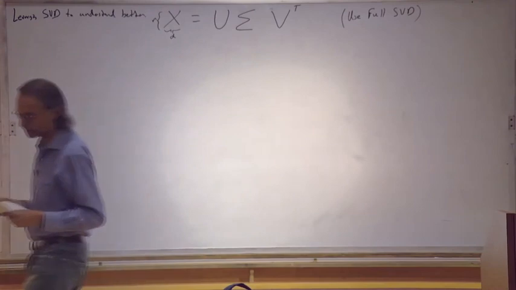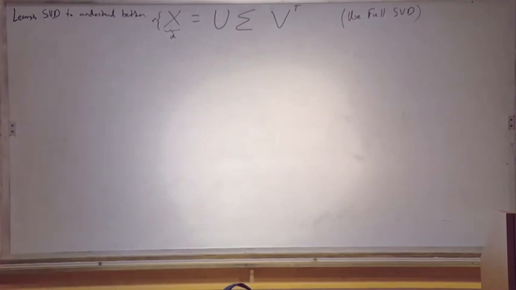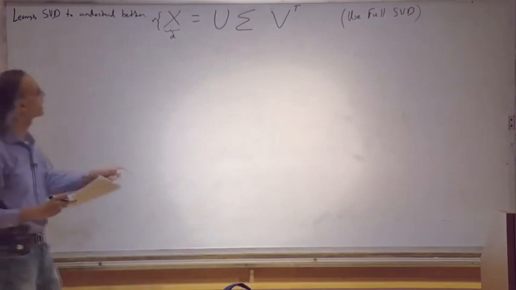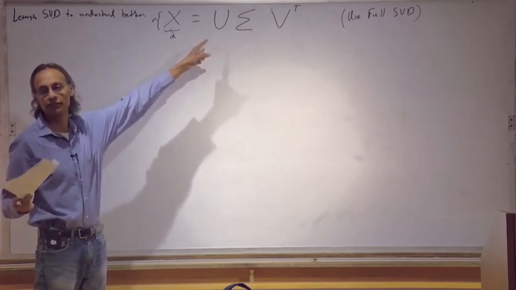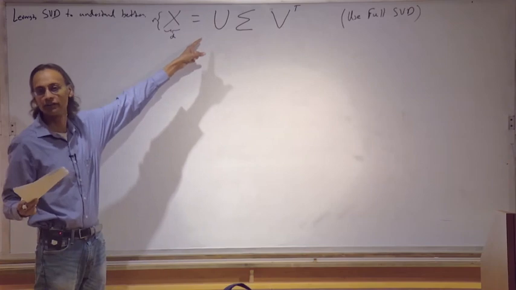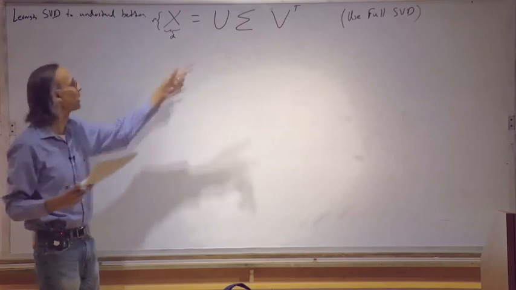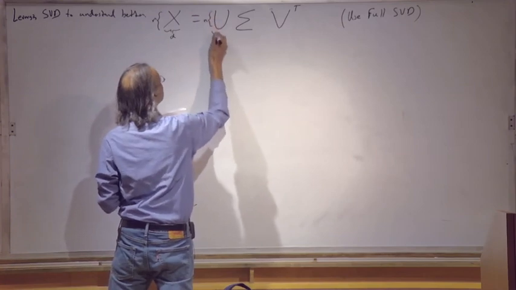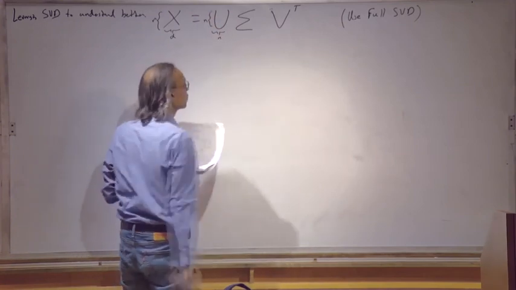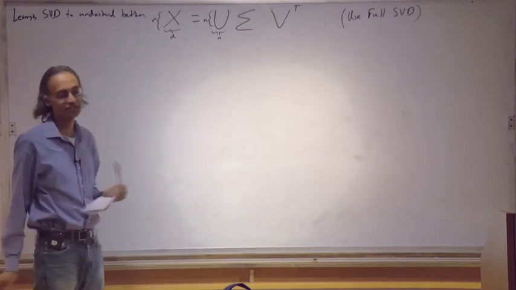So in the full SVD, what is the size of U? How big is U? Someone just shout it out. N by N, exactly. This is N by N. What's the size of V transpose?